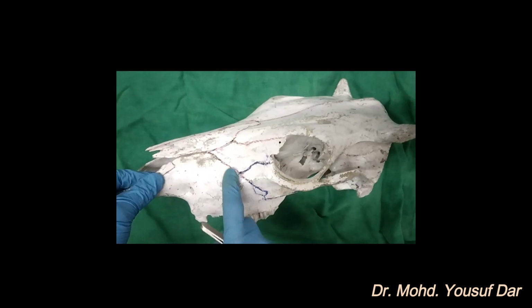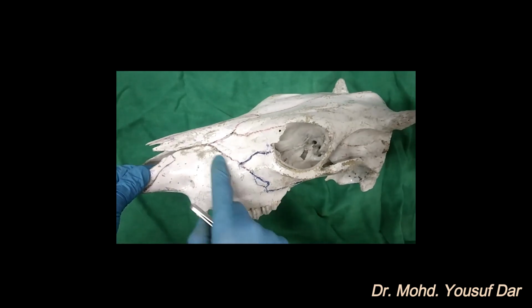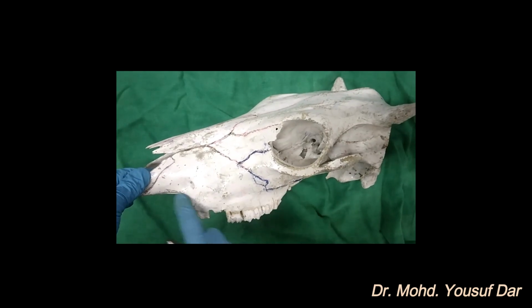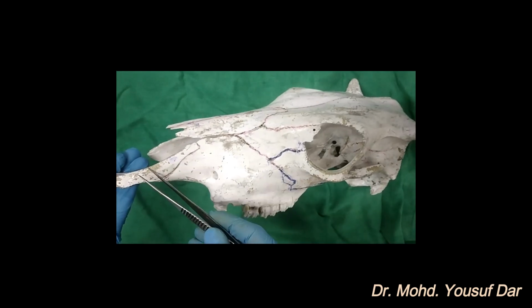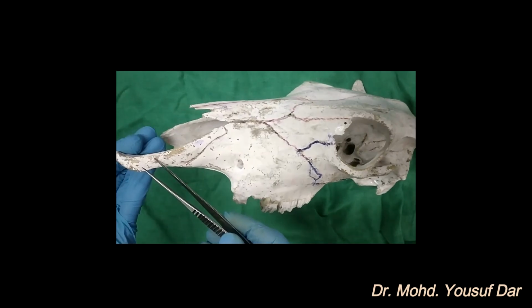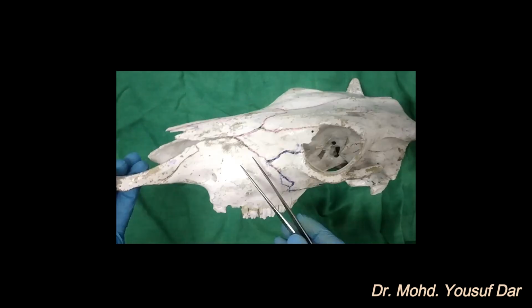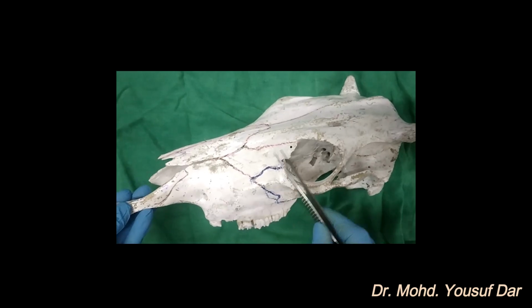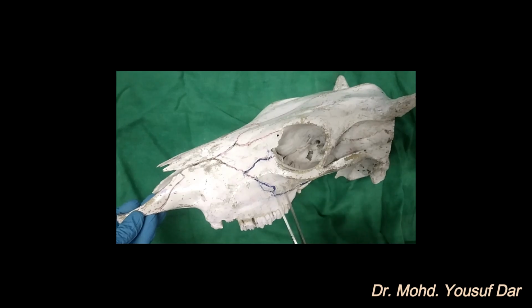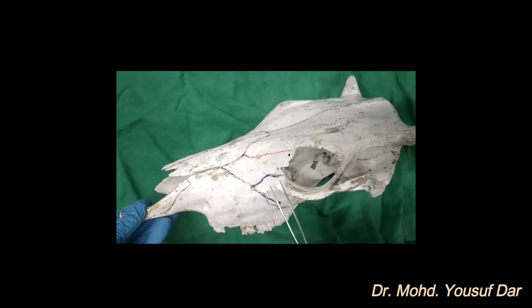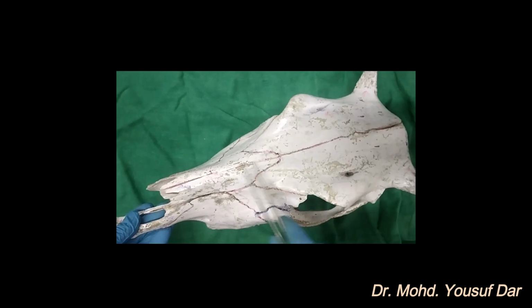This is the maxilla, and this one is the premaxilla. This is lacrimal, this is the zygomatic or malar, and this is the nasal.